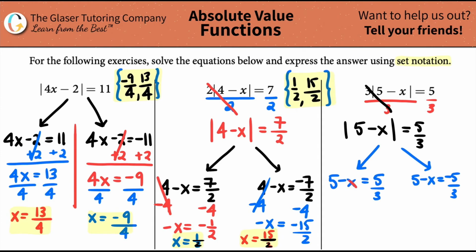I'll work with the left one first. So minus 5, minus 5. The 5's go away. You have a negative x equals 5 minus 3 minus 15 is negative 10 over 3. Let's see.